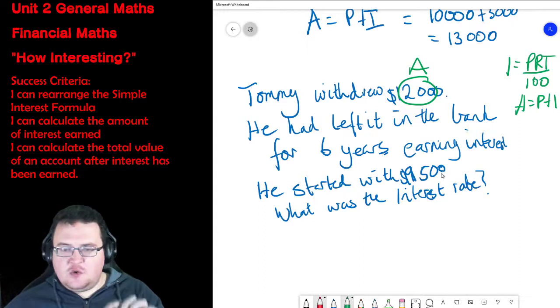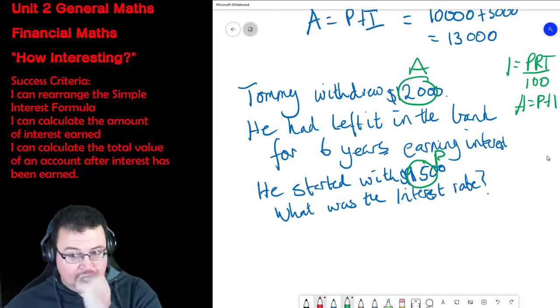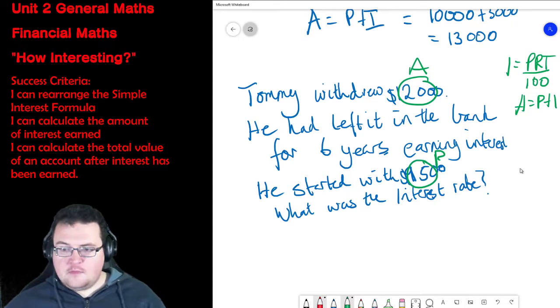He started with 9,500. What does that make it? It makes that the principal. Now, I know A and I know P. Can I work out what I is? If A equals P plus I, and I know A and P, then I should be able to figure out what I is.